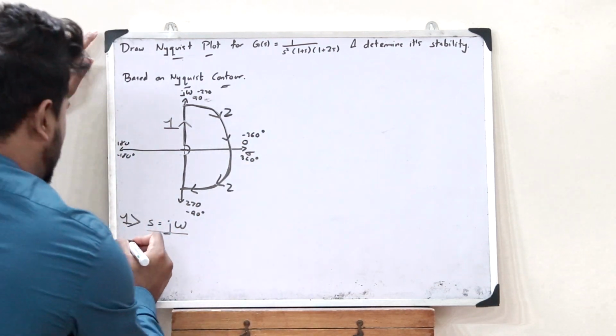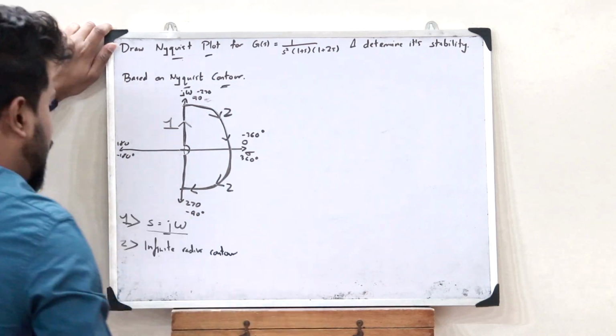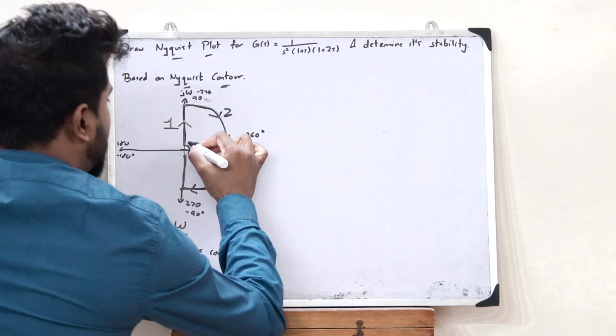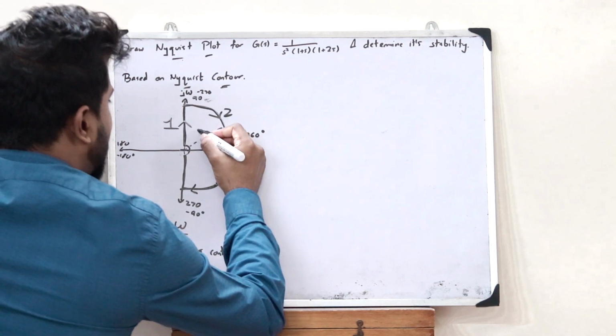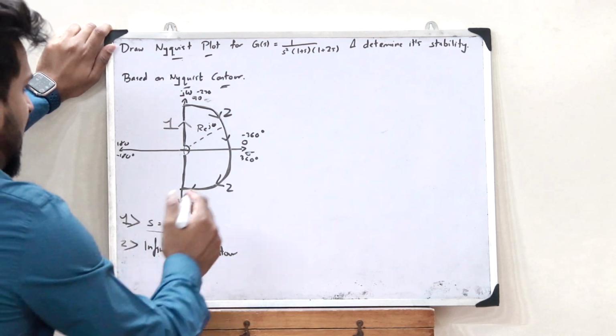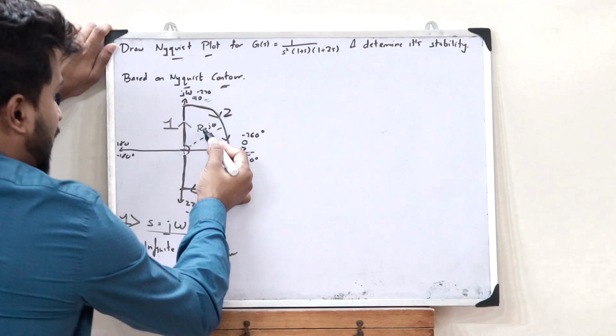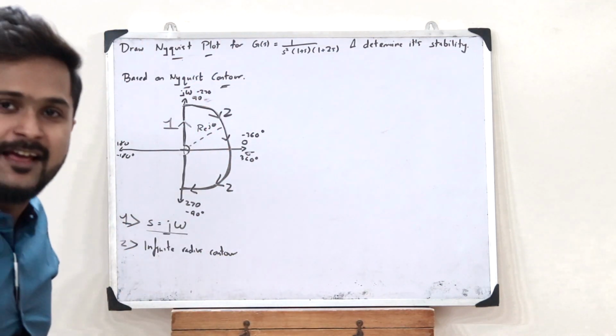Let us assume that this contour is represented as r e raised to j theta. Since it is of infinite radius, the radius r tends to infinity.